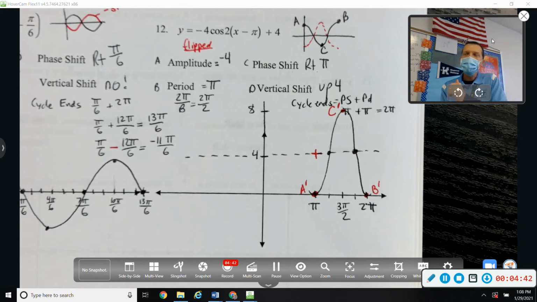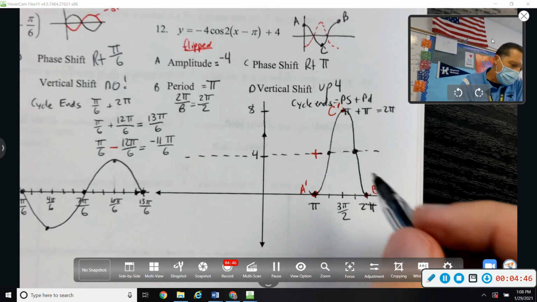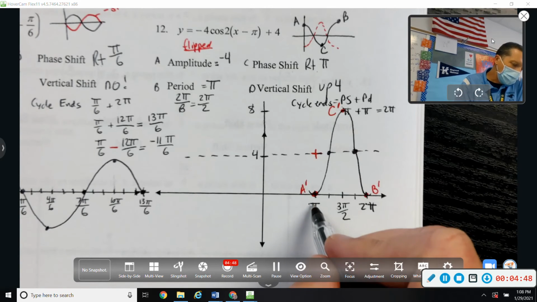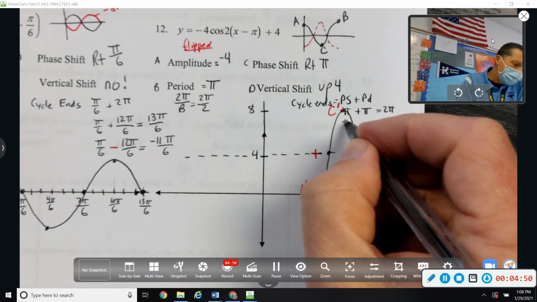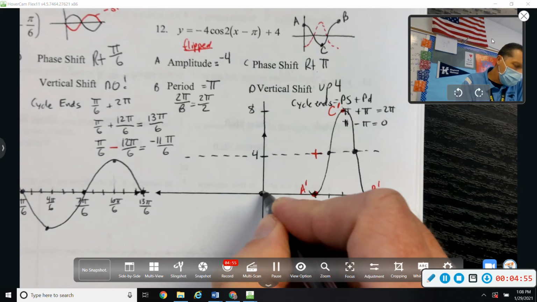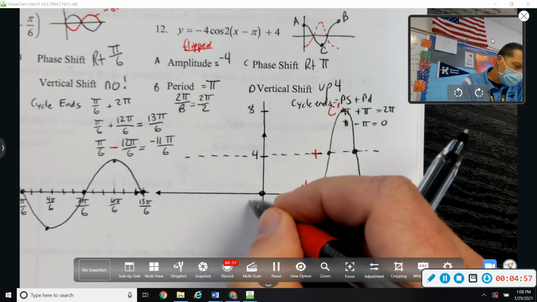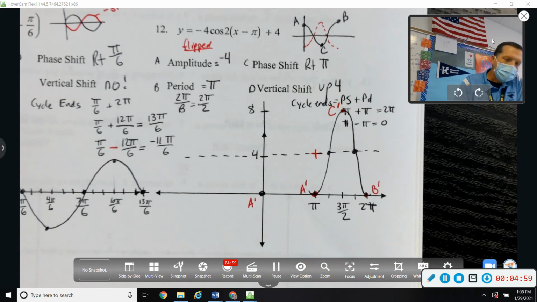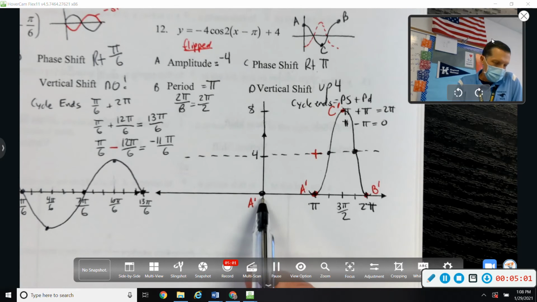I think I want to draw the second cycle backwards to the left. So if I go pi away from pi, I'm back at 0. So my second cycle starting point is at 0.